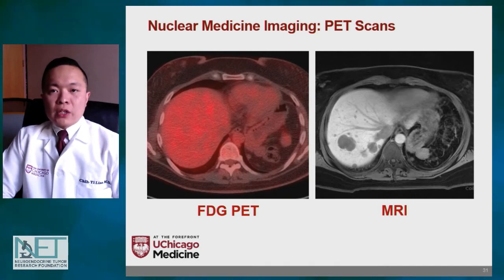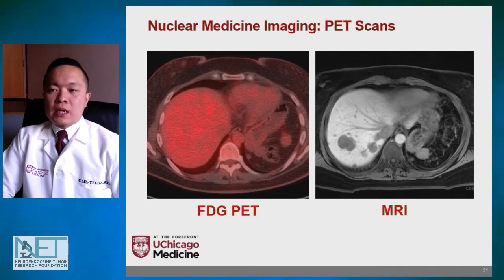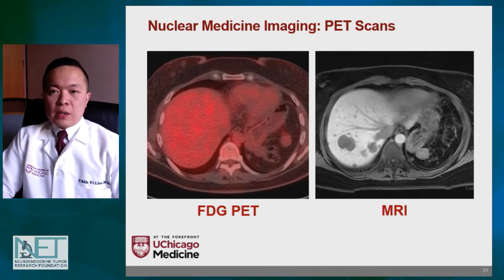And so the tracer will go after cells that are metabolizing, meaning actively proliferating. And as I just told you before, not all neuroendocrine tumors are rapidly proliferating. For example, the low-grade neuroendocrine tumors don't proliferate that much, and therefore they may not light up that much on an FDG PET scan, as in my patient's case, as you can see here.